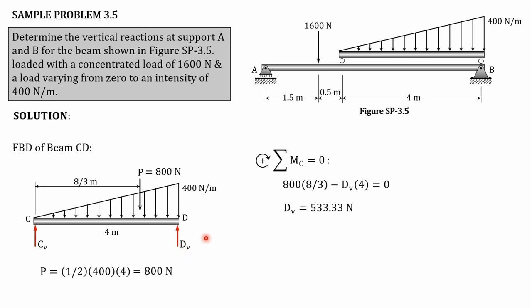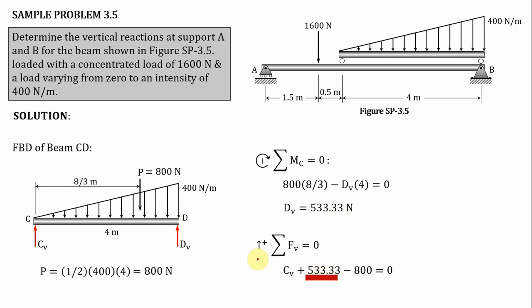Because this is very important. So to solve CV, class, to keep our solution short, we take the summation of vertical forces equal to 0, and we assume that going upward is positive. So CV is going upward, plus. And then dV is going upward, plus, and dV is equivalent to 533.33 Newton.